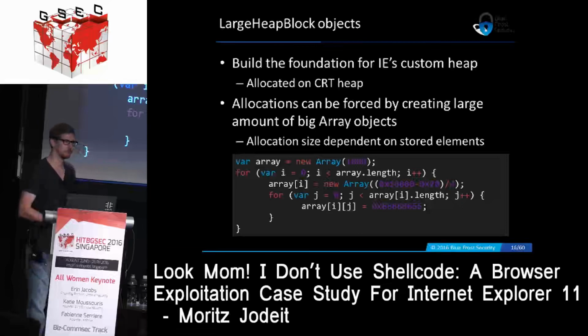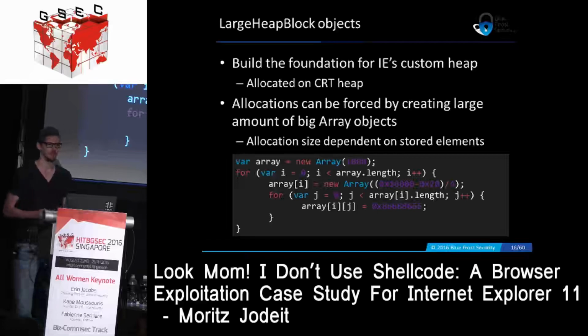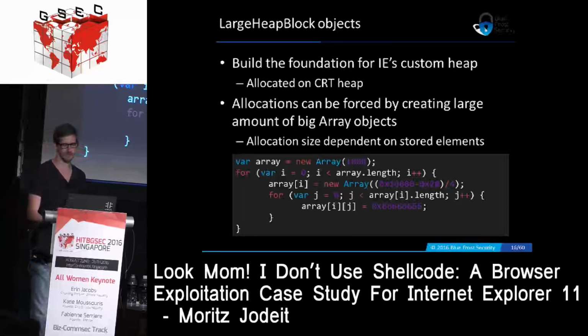One thing to note here: if you create a large array of integers, a large heap block object of a certain size will be created. However, if you create an array of object references, for example, the large heap block object which will be created has a different size. So by changing the elements you're storing in the array, you can control the size of the large heap block object which is created. Just keep that in mind, because we are making use of that in the exploit.